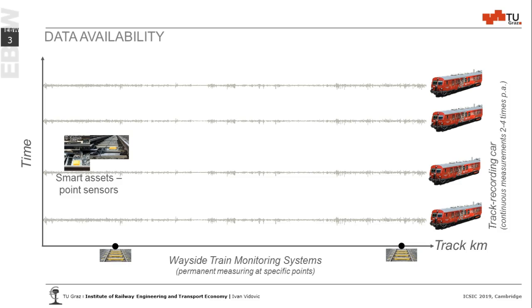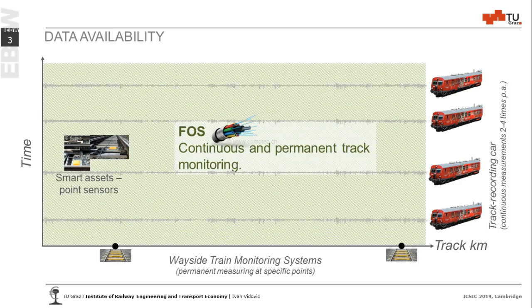We have to take care of our staff, who go outside and make a visual inspection. So fiber optic sensing, in this case, is able to deliver continuous and permanent track monitoring for the entire network. In Switzerland, they have more than 9,000 kilometers of fiber optic cables installed alongside the track. So as you see, there's a huge potential for this.